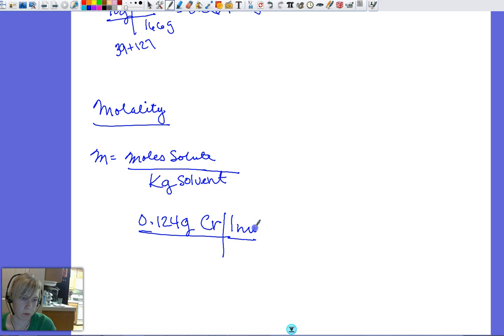So 1 mole equals 52 grams. So we'll take 0.124 divided by 52, and we get 0.00238 moles. Now we can take that and divide it by our grams.